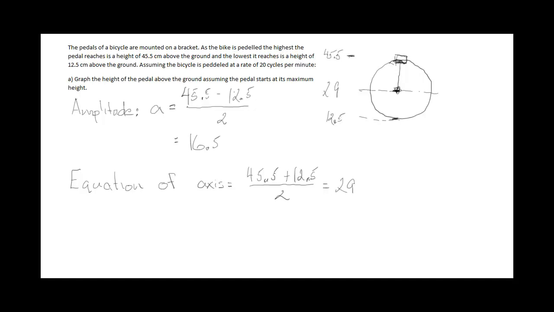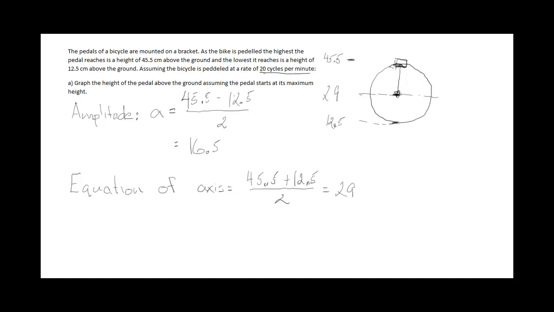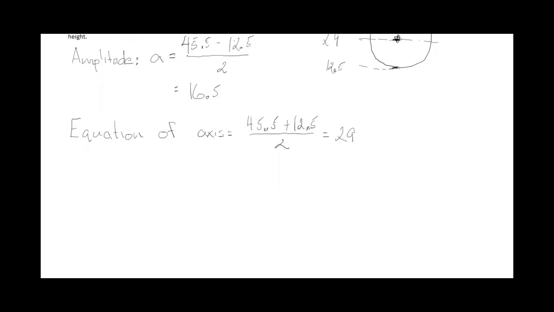We need the period. We were told that the bicycle cycles at 20 cycles per minute. So this pedal goes around 20 times in a minute. The period is just how long it takes to go around once.